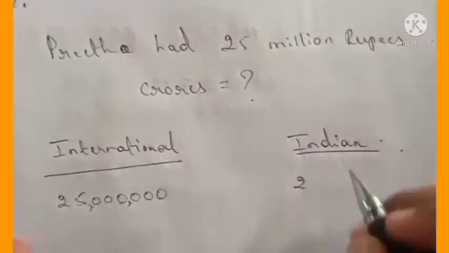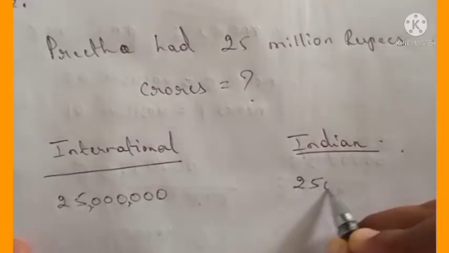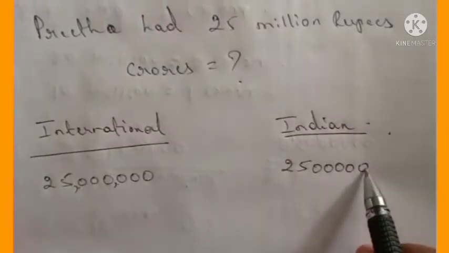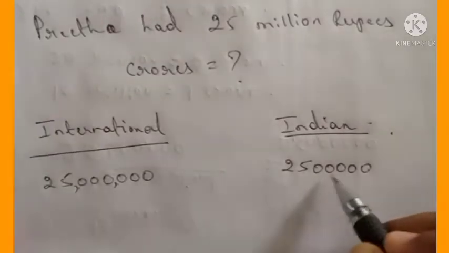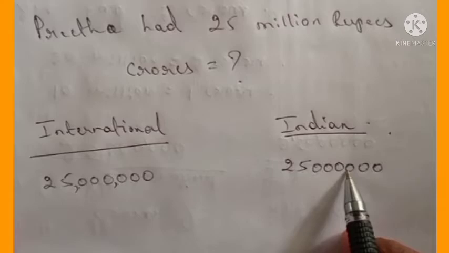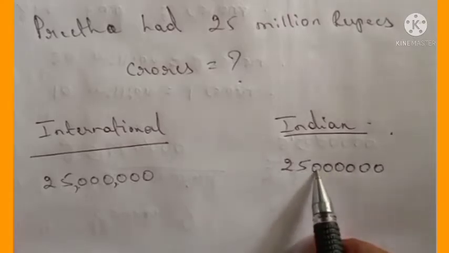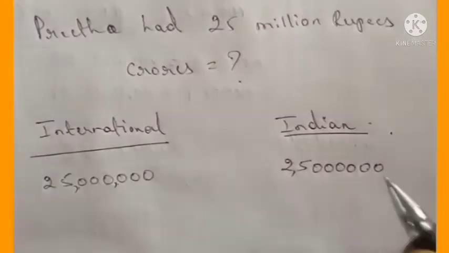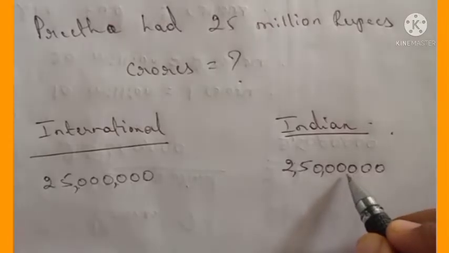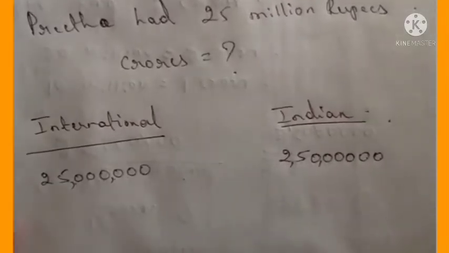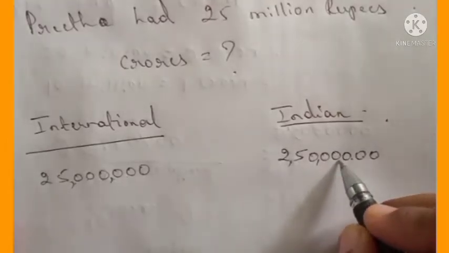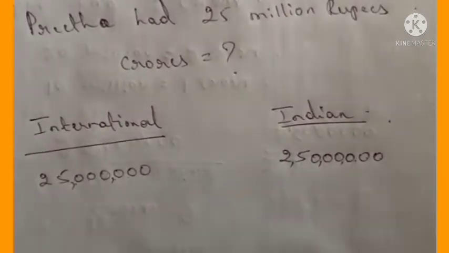Let's write in Indian system now. 25. See, let's see. Ones, tens. So how many zeros are there? 3, 3, 6 zeros, 1 more zero. Okay, so ones, tens, hundreds, 1,000, 10,000, lakh, 10 lakh, crore. So this is 2 crore 50 lakh. Okay, so this will become 2 crore 50 lakh.